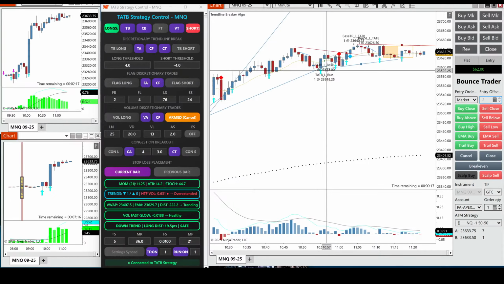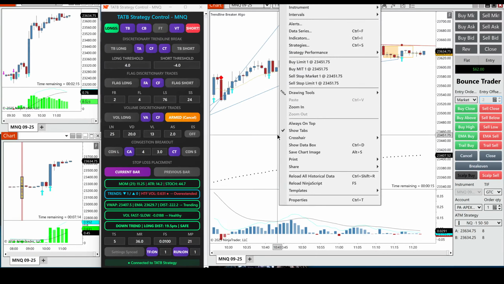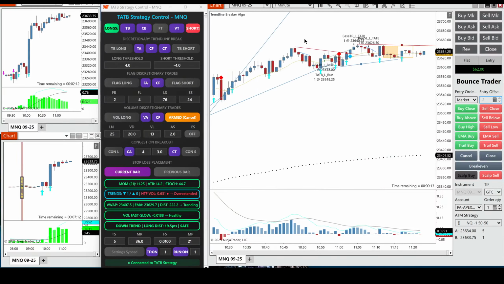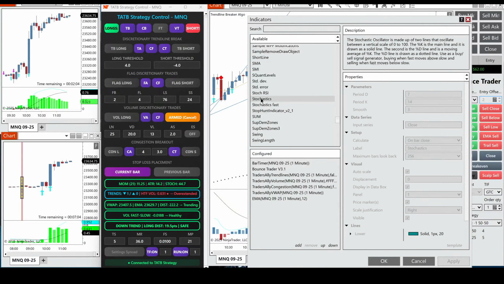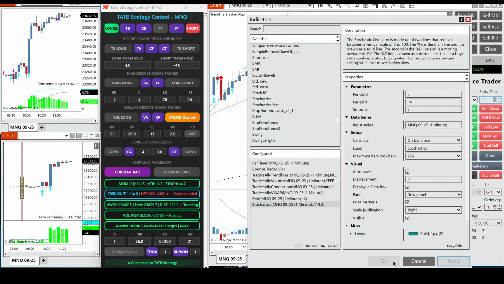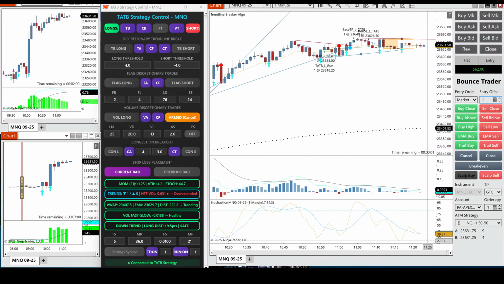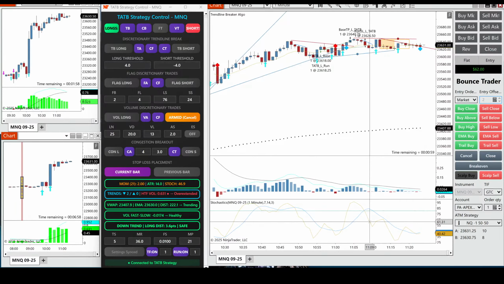So let me check again what's happening with the stochastic indicator. This is the Trendline breakup setup. So we're on 42, stochastic is 46.